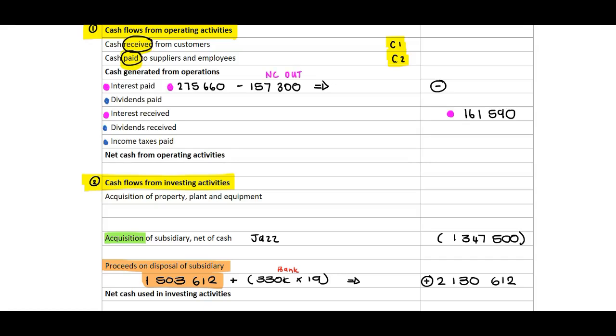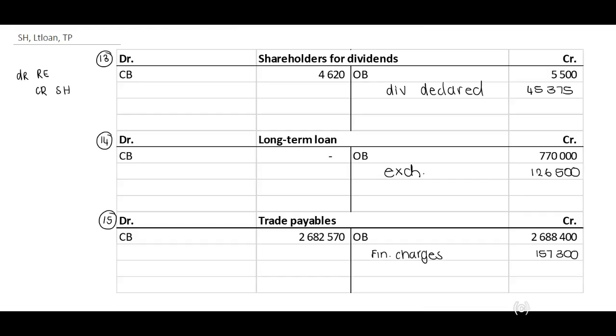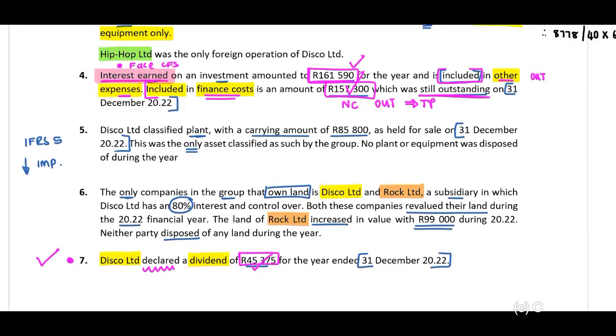We need to take this out, and our net amount will be an amount of, I've already included my negative, 118,360, and include in my trade payables, when you look at the credit side of calculation 15, finance charges 157,300, and we're able to tick off note number 4.